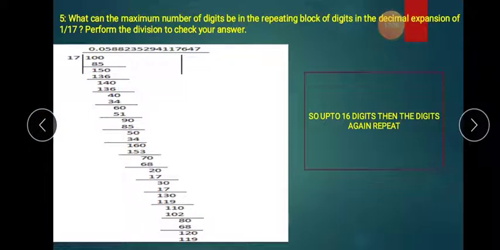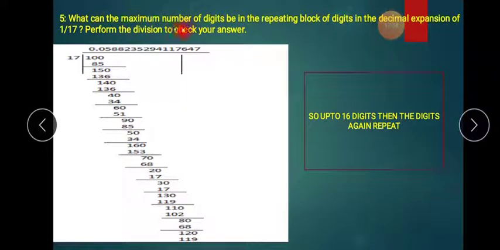Now question number 5. What can the maximum number of digits be in the repeating block of digits in the decimal expansion of 1 by 17? Perform the division to check your answer. Now this is a very important question. I will repeat the question.